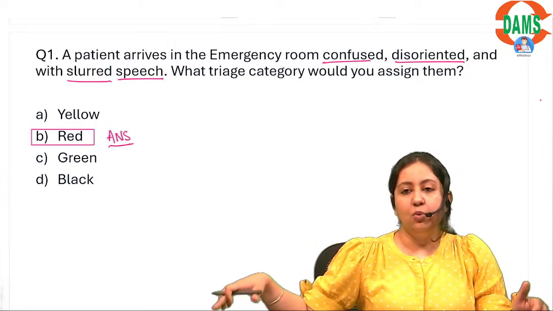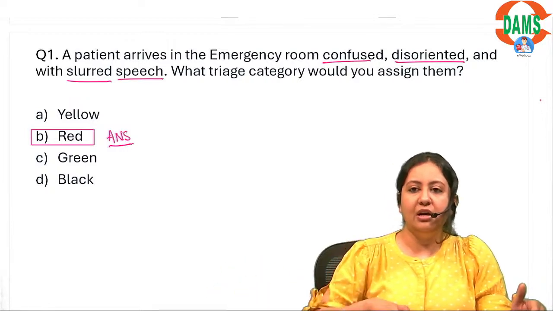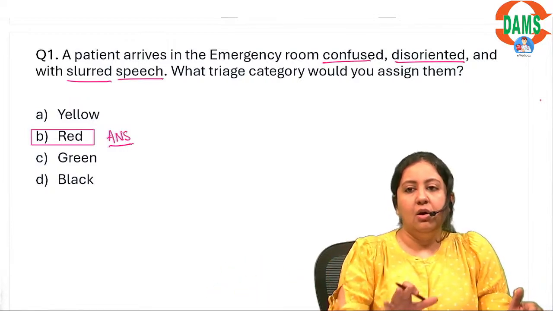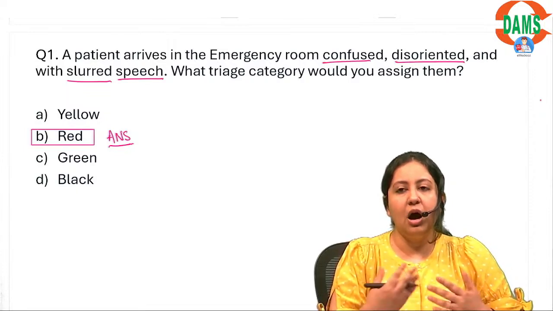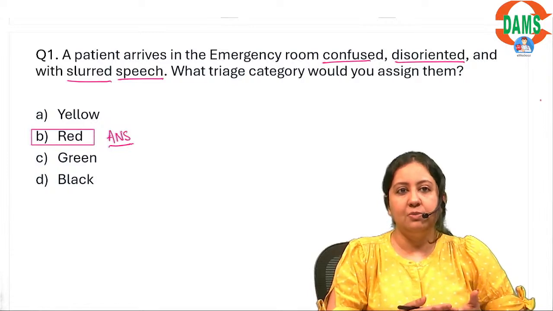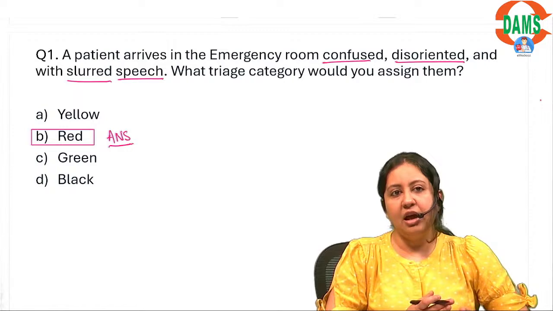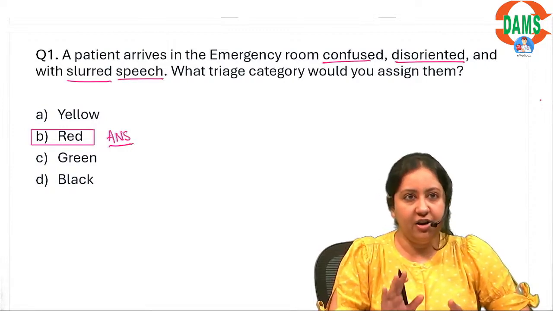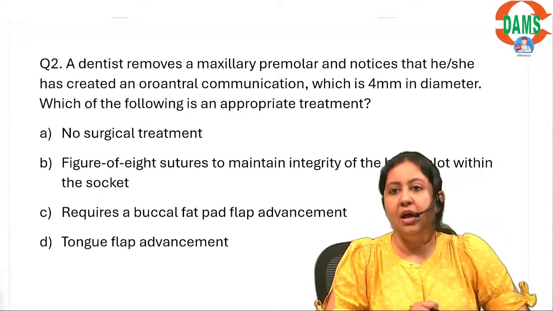Then a few beds have the boundary taped yellow, so those beds are yellow, and green. So here the situation was the patient has walked into triage. How will you categorize him? This patient is probably having a stroke, so he needs urgent care, hence the triage category red. Okay, let's move on to our next question. I hope it is clear to all who have answered yellow.